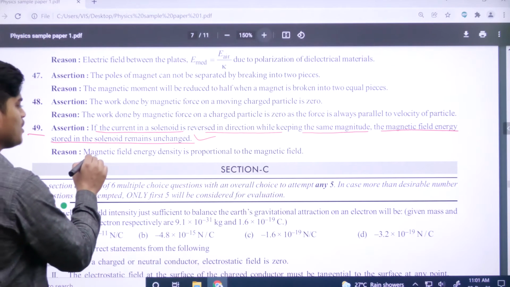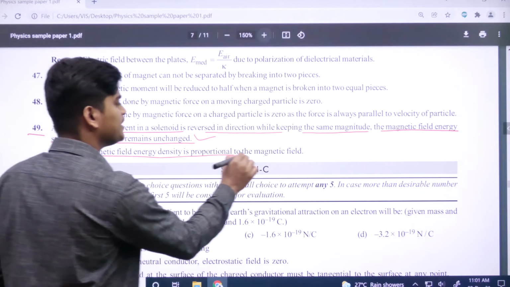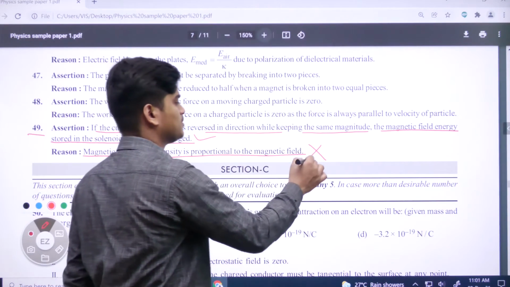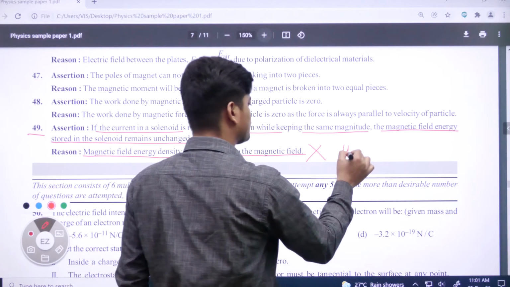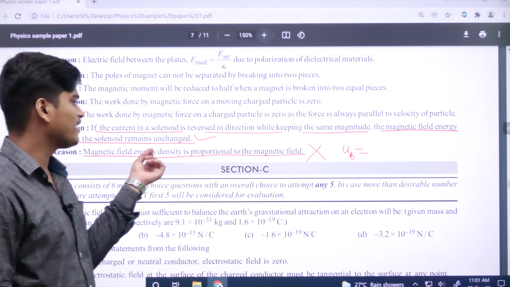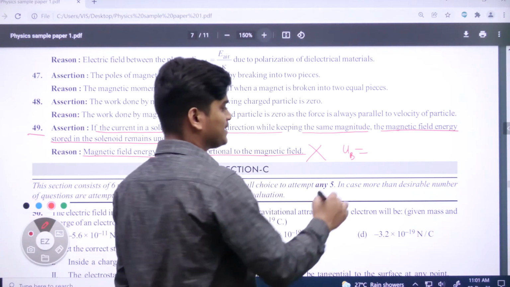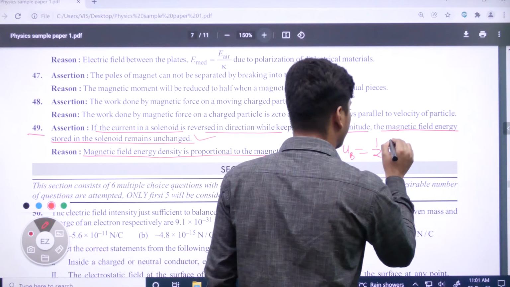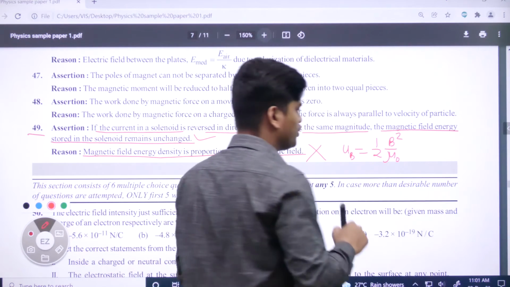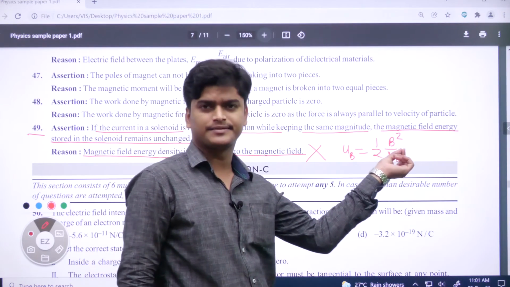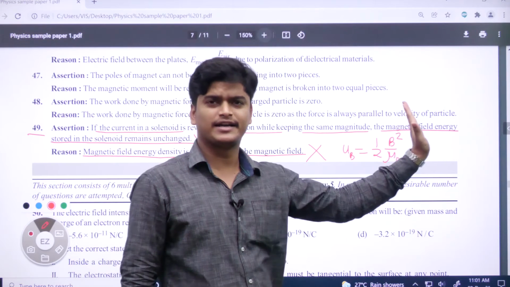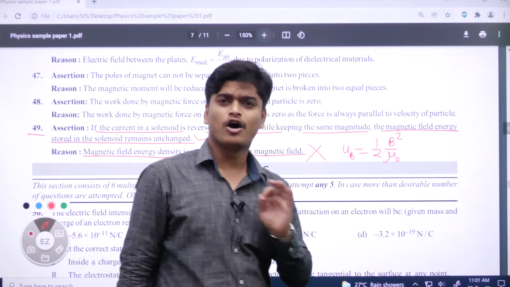Now understand: the magnetic field energy density is proportional to the magnetic field. Actually this statement is not correct. Why? Because the magnetic energy density, which is the magnetic energy per unit volume, is written as half B square by mu naught, where B is the magnetic field. So it is directly proportional to the square of the magnetic field, but here it is given only as the magnetic field.